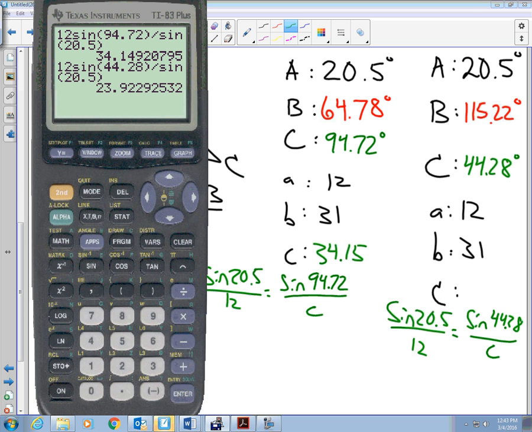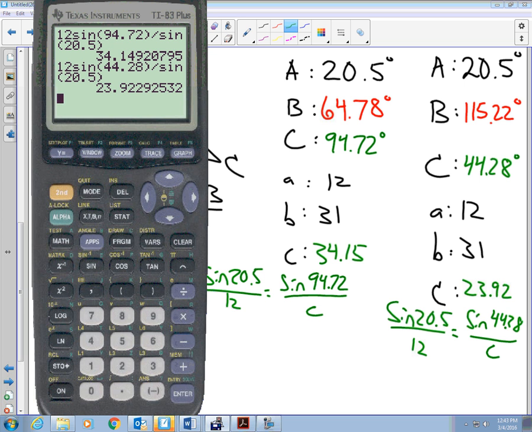It'll give me 23.92. Are my answers reasonable? Yes, because the largest side matches up with the largest angle, and the smallest side matches up with the smallest angle in both triangles. So you've seen a no solution, you've seen a one solution, you've seen a two solution.